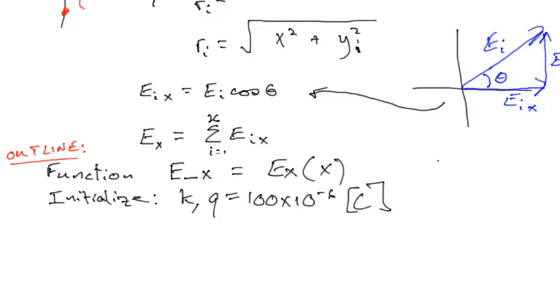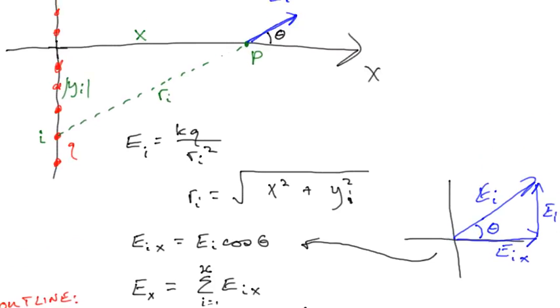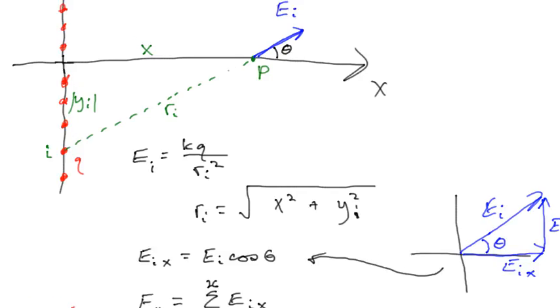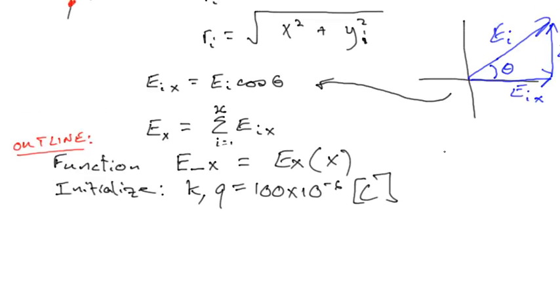Alright, I'm going to create an array of y values. y equals, I'm going to make it go from minus 0.025 meters.